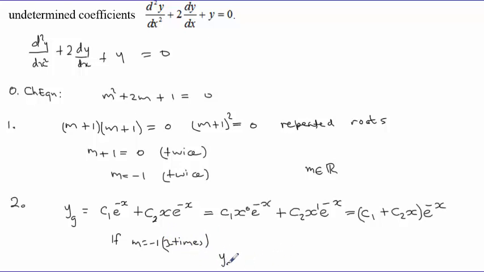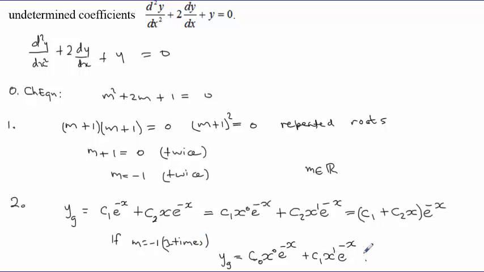Our general y will be C0, to make it easy to remember, and this is the first time this is used, so x to the power 0, e to the power minus x, plus C1 x to the power 1, e to the power minus x. Now here we've used it twice.